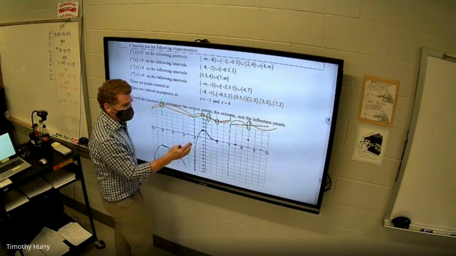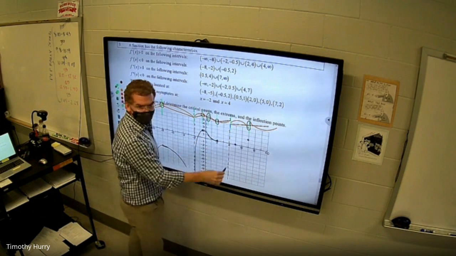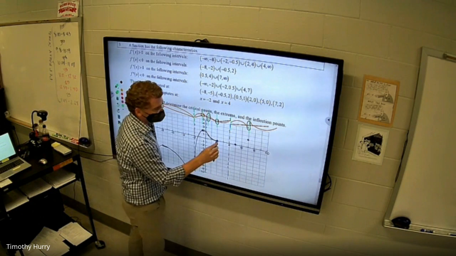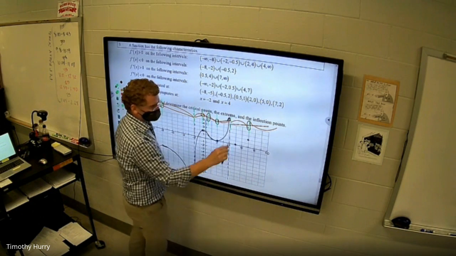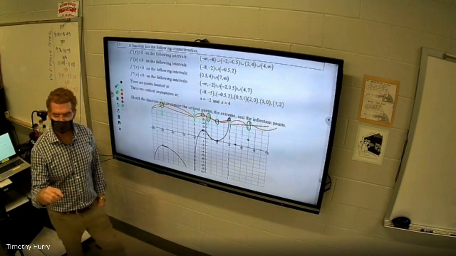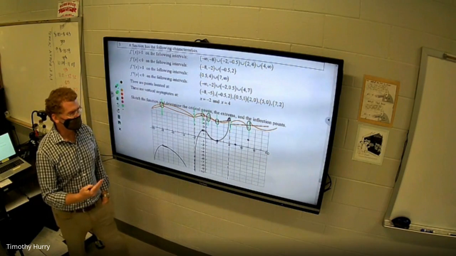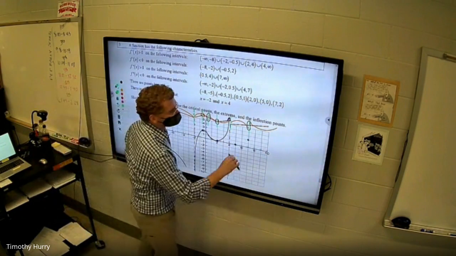And then what? Increasing, concave up, and there's a VA. So what do you think happens? Just follows that asymptote. On the other side of the asymptote, increasing and concave down all the way to there.